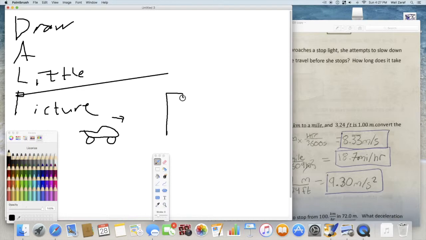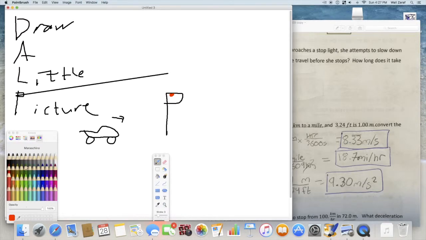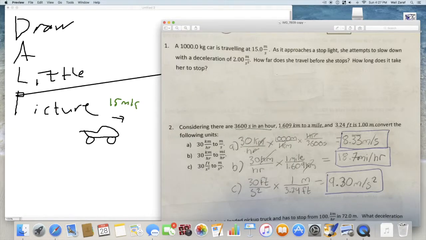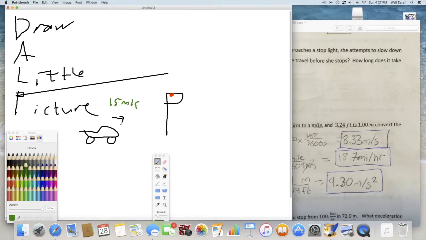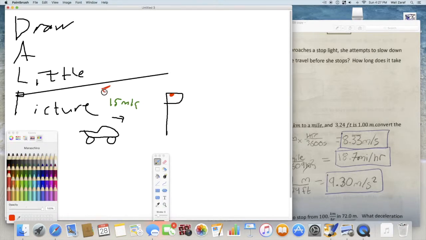There's a stoplight with a red sign. So we know that she's traveling at 15 meters per second. But there's a little trick here. She has a deceleration of 2 meters per second squared. So 2 meters per second squared this way. And she's going to stop when she gets over here.